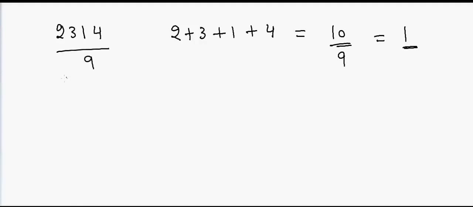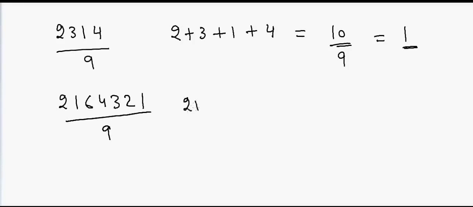Another example is 2164321. You can see it's a very large number. What will happen if you divide it by 9? In that case, 2 plus 1 plus 6 plus 4 plus 3 plus 2 plus 1.